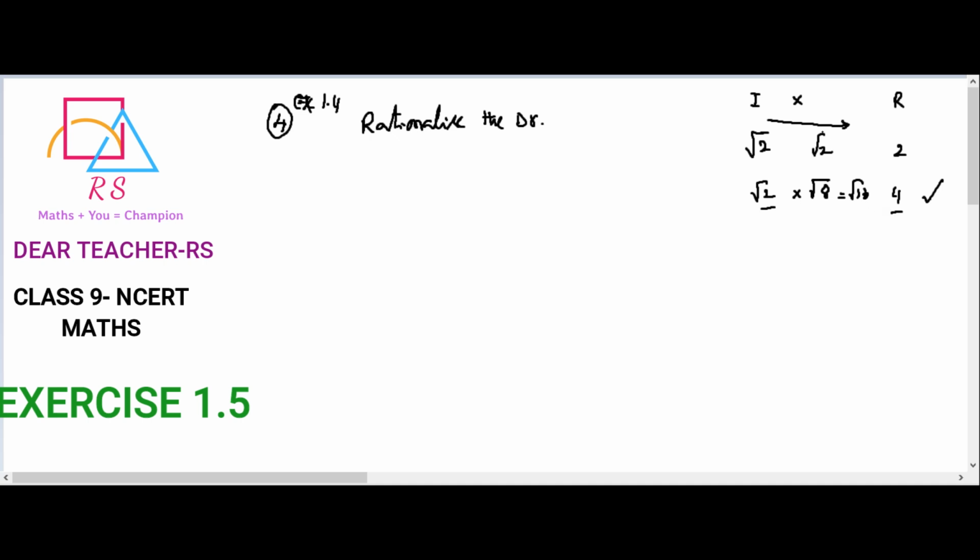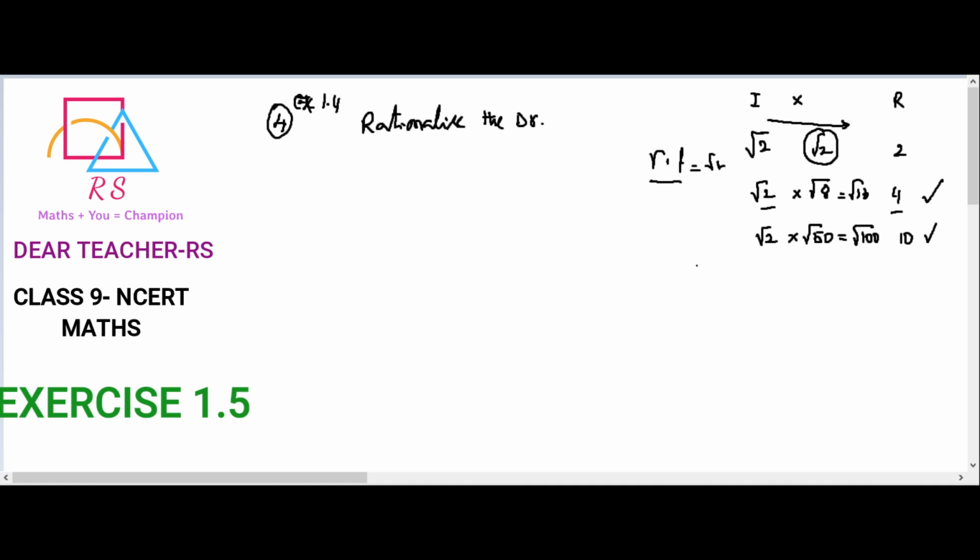But the simplest factor we call a rationalizing factor. RF, I will write RF. RF means rationalizing factor. So root 2 into root 50 is equal to root 100, which is equal to 10. This is also a rational number. But the smallest one is root 2.